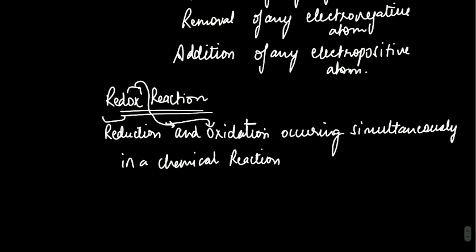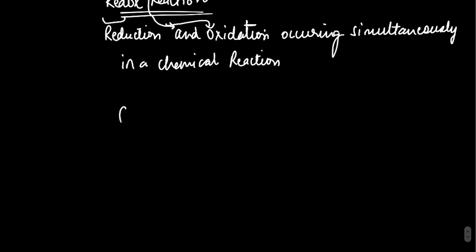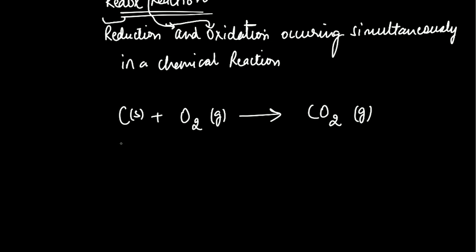So a simple reaction I'm taking, carbon reacting with oxygen to give us carbon dioxide. In this, we know oxygen is going to be added with carbon. So in this, oxygen is getting added up to carbon. So this is oxidation of what? This is oxidation of carbon happening.